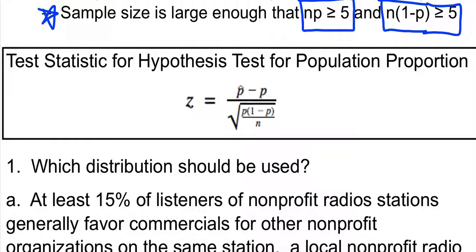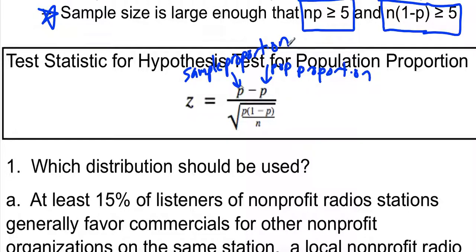Remember, p is the population proportion. P hat is the sample proportion. And we've dealt with both of those before, so that should be pretty familiar.